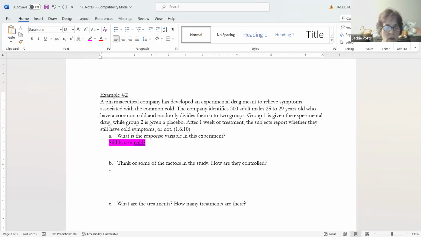Thinking of that, think of some factors that could potentially weigh into this. First of all, let's think of the controlled factors that are mentioned. Well, what did they control? Gender. Let's back up and call it truly controlled factors, because they're using nothing but adult males.